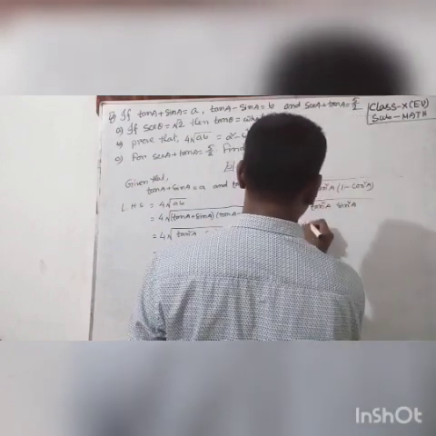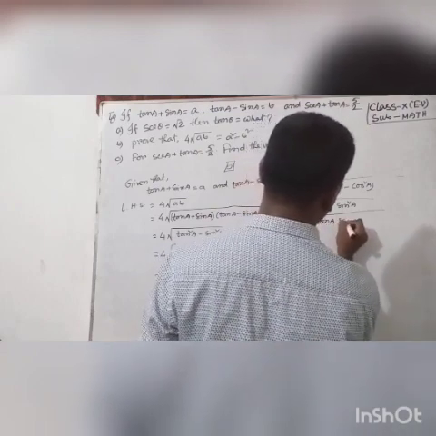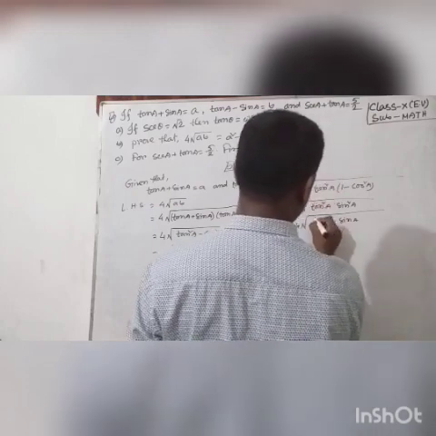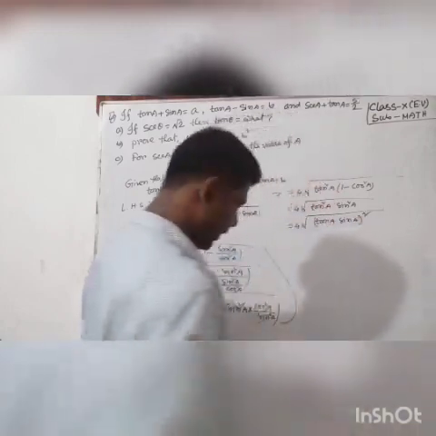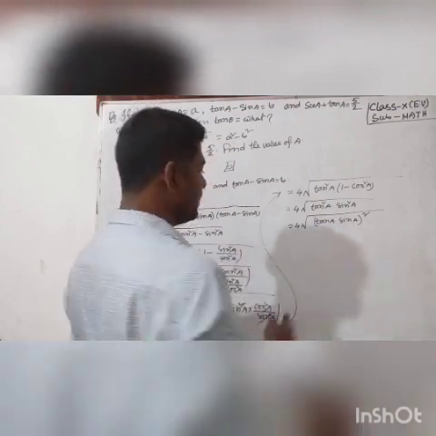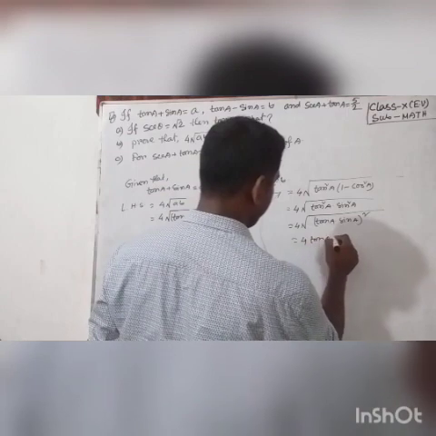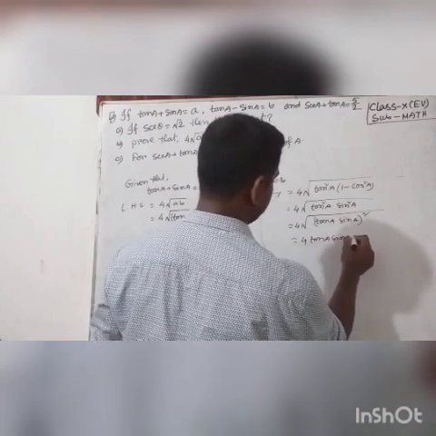Also we can write this form as tan a into sin a whole square. So we can write 4 tan a sin a.